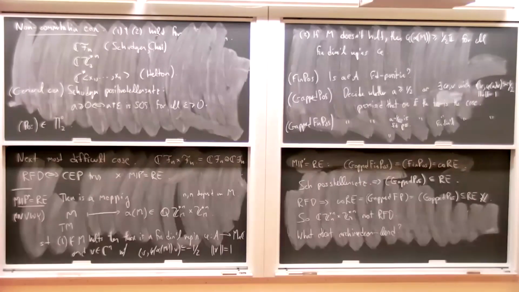So the interesting thing about this is it also shows there are elements that aren't rational sums of squares, or any kind of method you would have for proving positivity. For any kind of method you have for proving positivity, there's always some element which is positive but doesn't have that certificate.